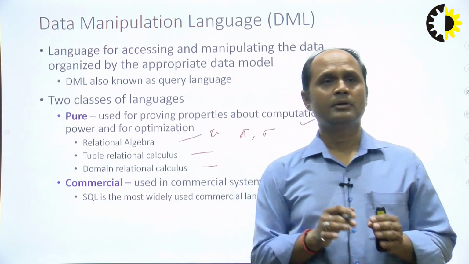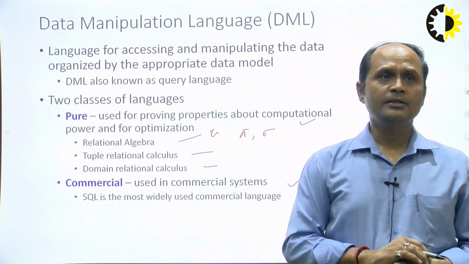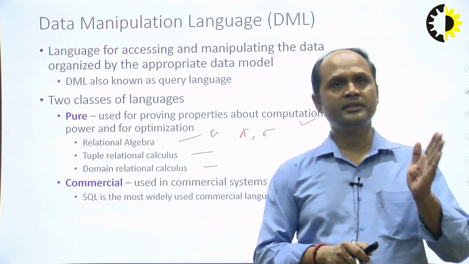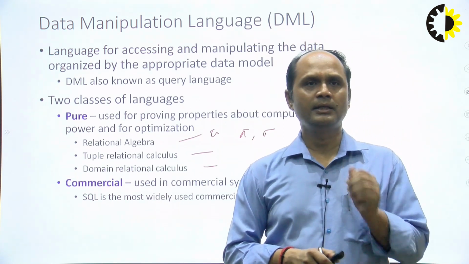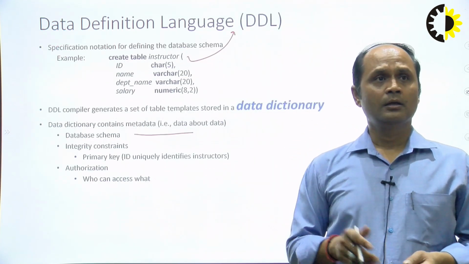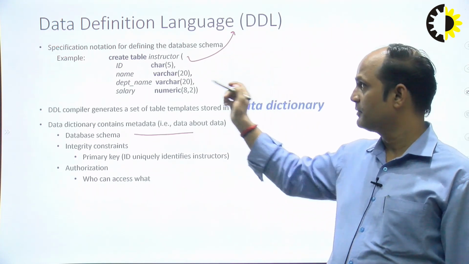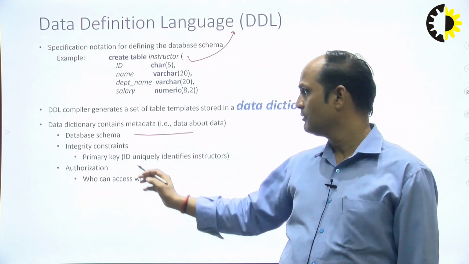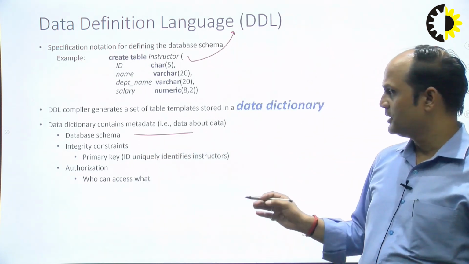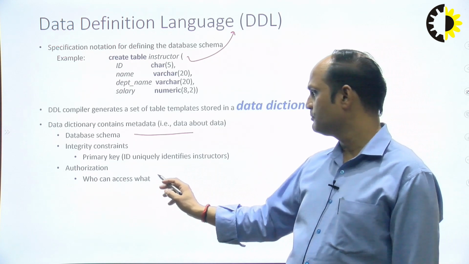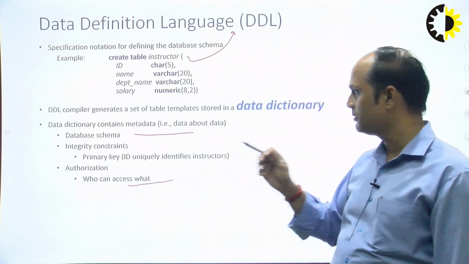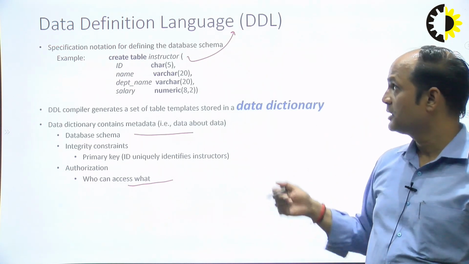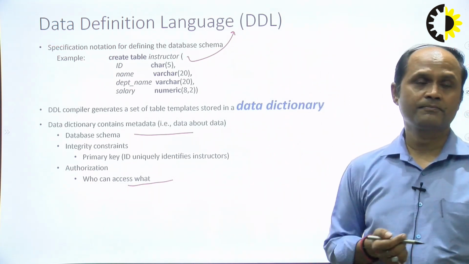In SQL commands, there are two major categories: one is DDL, one is DML. DDL is used for creating purposes. Suppose we are creating tables, databases, constraints, primary keys, and also giving authorization to a particular user. In those cases, we use DDL commands.